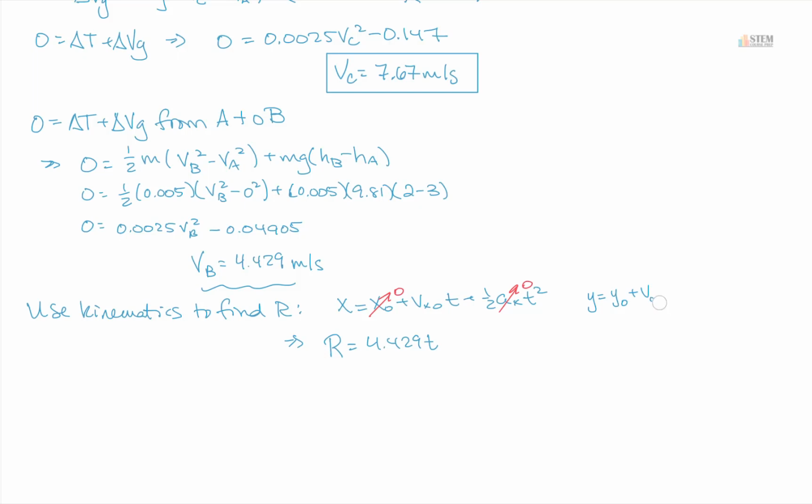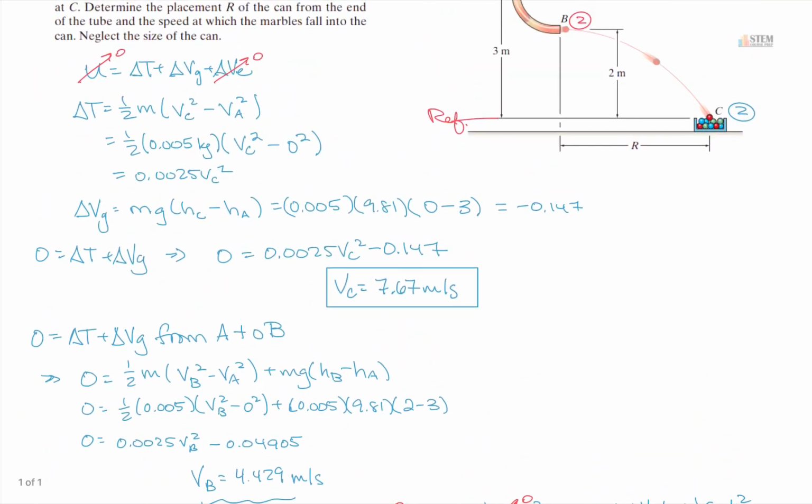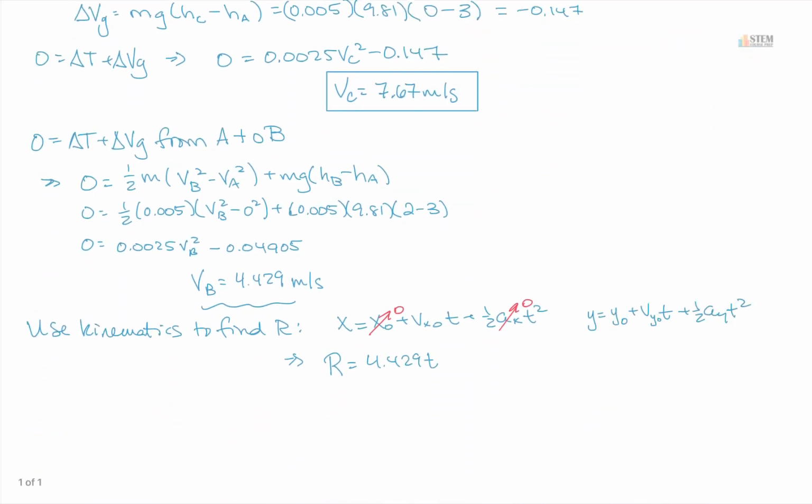Actually, let me use the same order I used over on the other one. We've got y equals the initial y plus the initial y velocity times time plus 1/2 ay t squared. And remember, we're going to measure everything from this point B right here. At least that's what I'm doing on this one. So with that, y is going to be that -2.